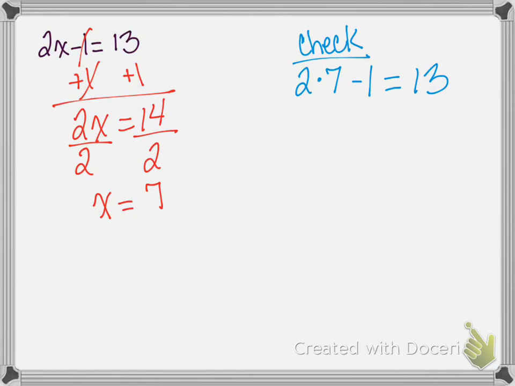I would encourage you to. I'm not going to require it, but I would encourage you to. Okay, 2 times 7 is 14. Minus 1 equals 13. Does 13 equal 13? Yes. What that tells me is that x equals 7 is correct, because the check worked.